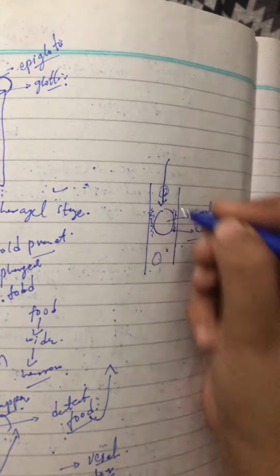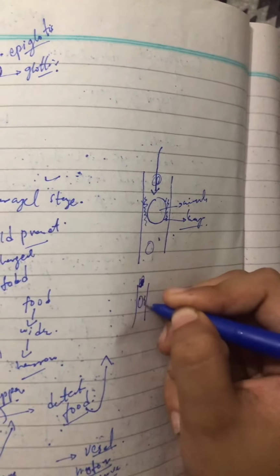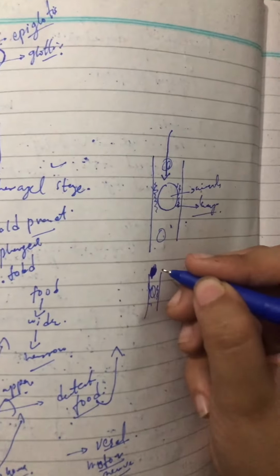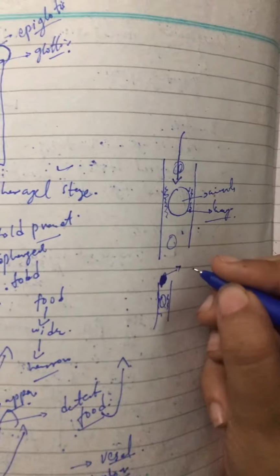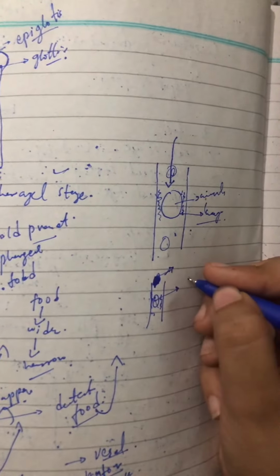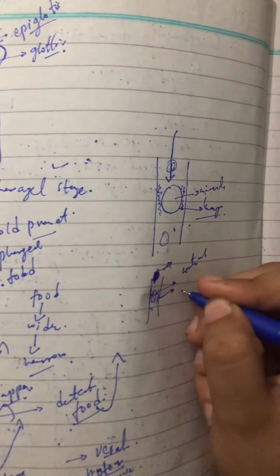When the bolus is present on the upper side of these muscles, the circular will contract and the longitudinal will relax.